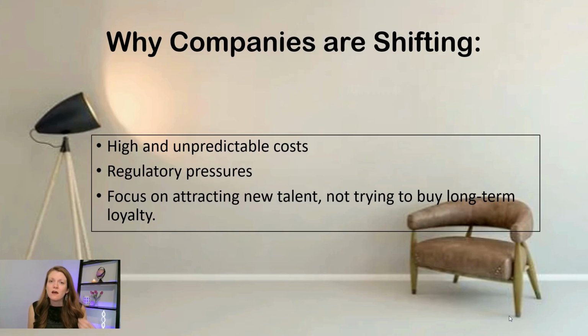Now, businesses are more focused on attracting new talent, not trying to buy that long term loyalty. My grandpa worked for the same company for 40 years. And whenever I started out in my career and I had moved around, this was even before a career, and I had been a waitress and working as a bank teller and working at a furniture store, my grandpa said, what are you doing? You should have already chosen your job that you're going to stick to for the rest of your life.